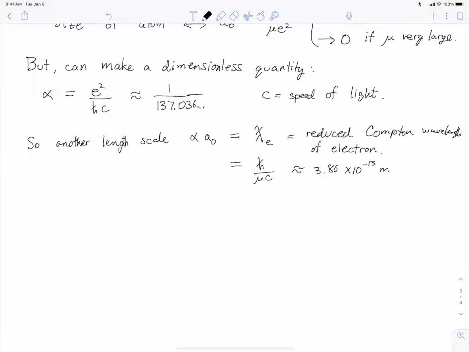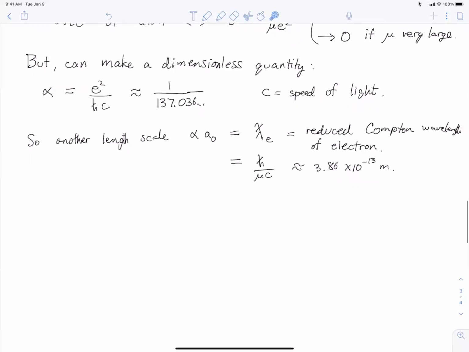So it's a very small length scale, much smaller than the Bohr radius, because alpha here is much less than 1. So the interpretation of this length scale is it can't be the size of the hydrogen atom, it's much smaller. And so what it really is, this is the distance scale at which everything that we've done is wrong.